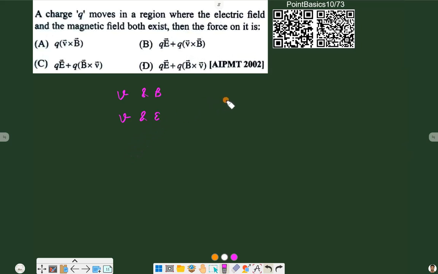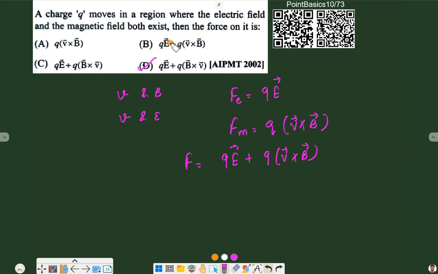The force due to the electric field will be qE, and the force due to the magnetic field will be q v cross B, and the total force will be their sum. So qE plus q v cross B, that is option D for you.